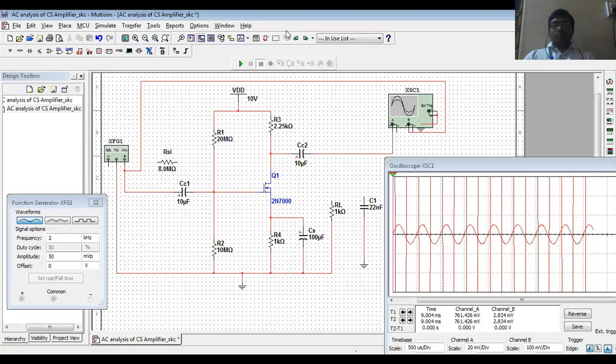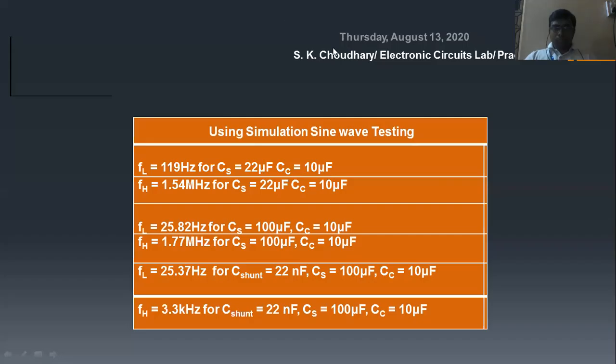Now we will see some calculated values I have already done. So these are the simulated values for sine wave testing. This is for coupling capacitor 10 and bypass 22. Your FL is 119 hertz and FH is nearly 1.55 megahertz.